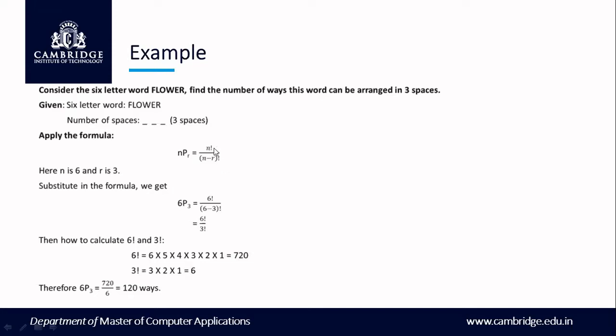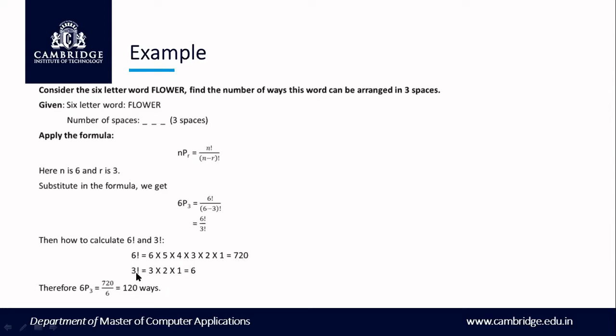We know that n is 6 and r is 3. Substituting in the formula, we get 6P3 equals 6 factorial divided by (6 minus 3) factorial, which is nothing but 6 factorial divided by 3 factorial. How do we calculate 6 factorial and 3 factorial? 6 factorial equals 6 into 5 into 4 into 3 into 2 into 1, which is 720.